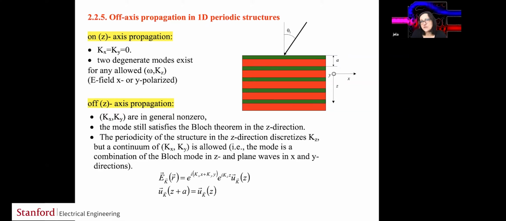So you just have plane waves. There is nothing that would discretize the eigenstates of the system or introduce any periodicity. It's just kind of free space. Everything is uniform. So to solve this problem, you will have to look at it as a product of Bloch states in the z direction and plane waves in the xy direction.